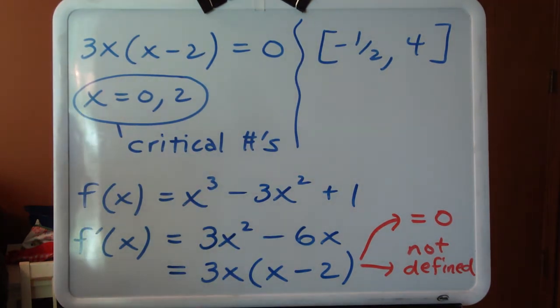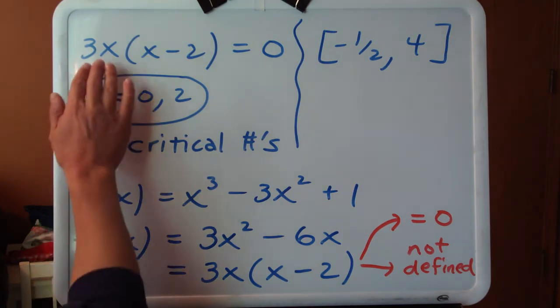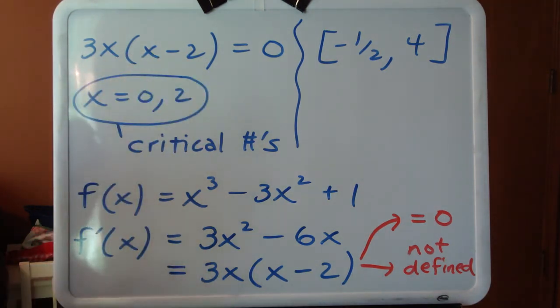So the second condition, checking to see where this is not defined, well, notice for any value of x that you use here, you will have some value that comes out. So this second condition is not going to apply in this case. Another way of thinking about this, where is the derivative not defined? Where do you have vertical tangents or cusps in the graph?